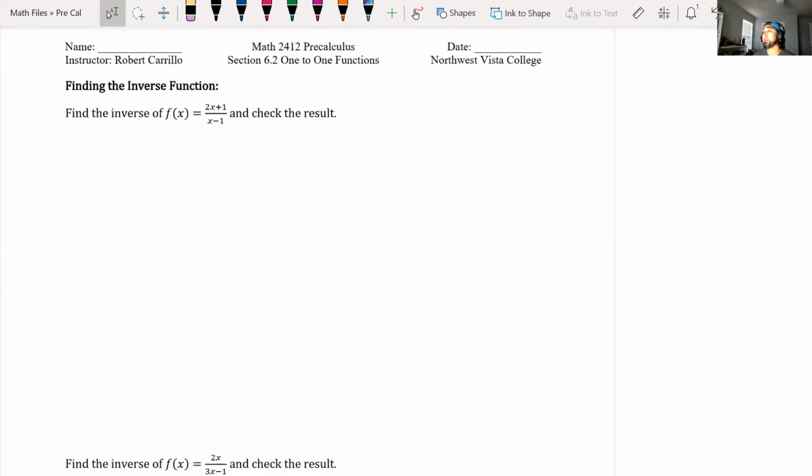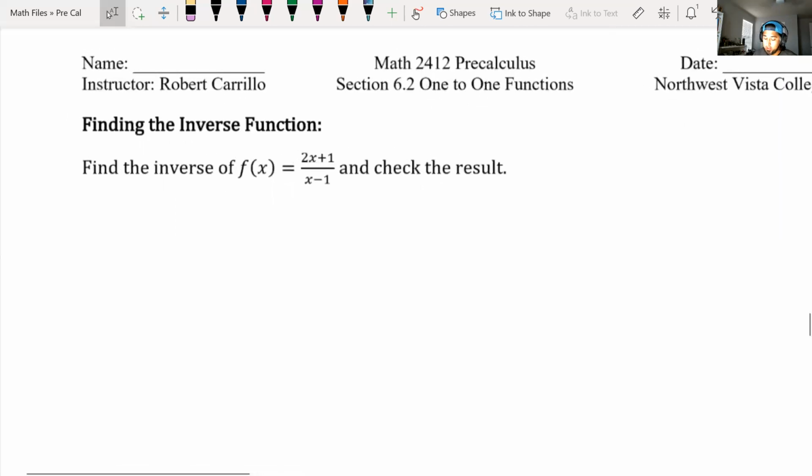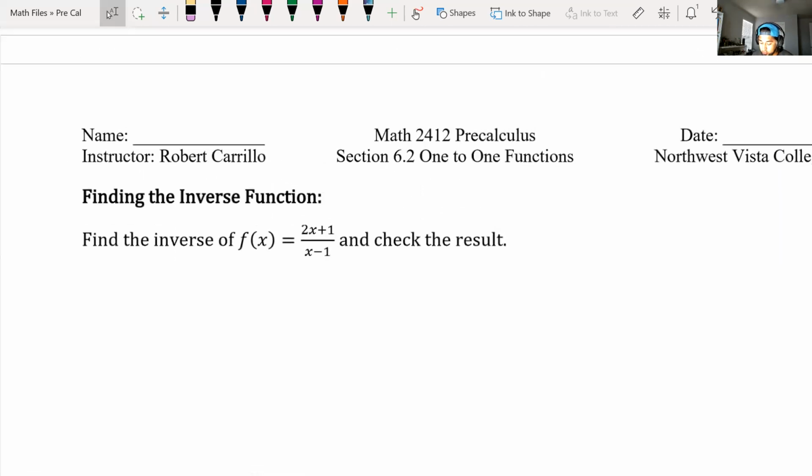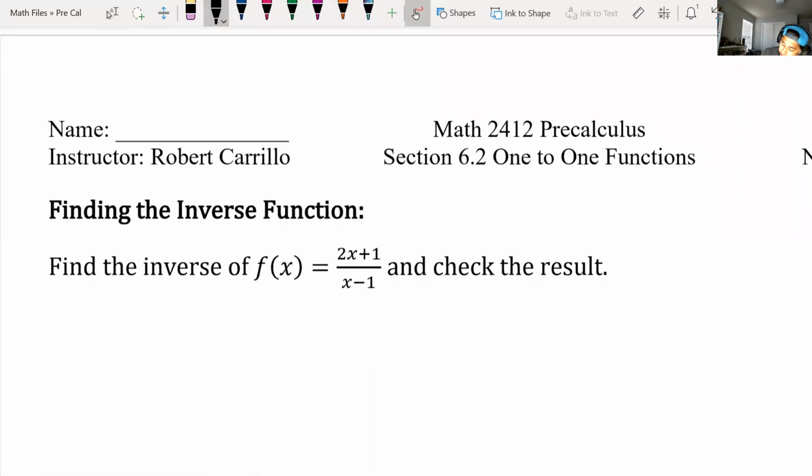All we want to do here is just find the inverses and check the results. Okay. So here we're given f of x equals 2x plus 1 over x minus 1. So remember, to find the inverse, we have a couple steps. Step 1, go ahead and rewrite it as y equals 2x plus 1 over x minus 1.